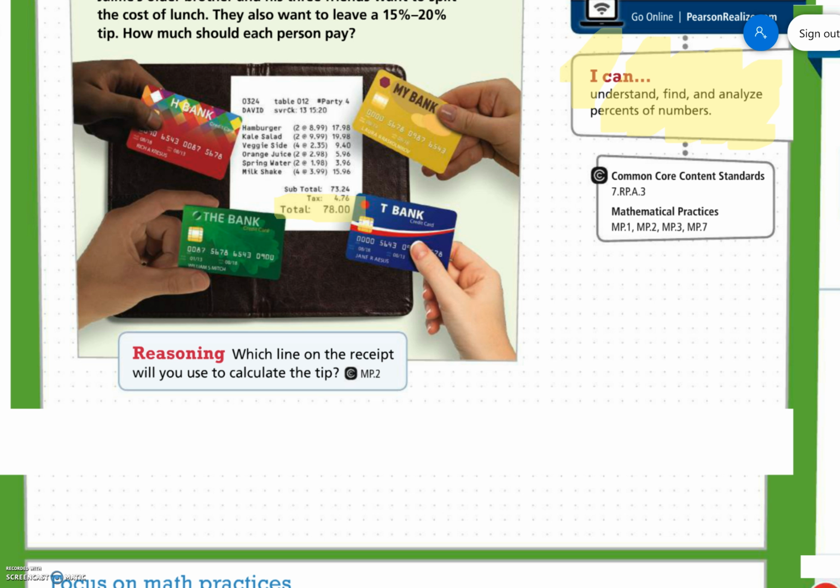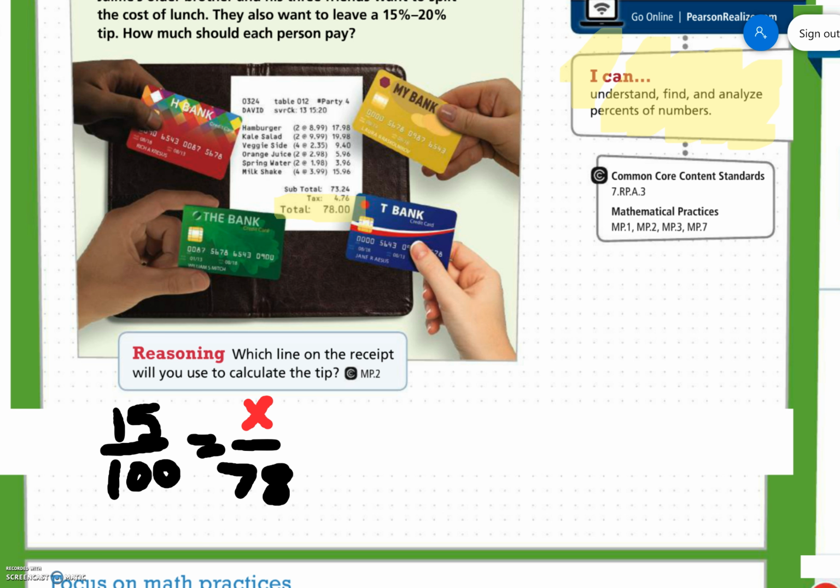Okay, so if we wanted to leave 15%, well, 15% is 15 over 100. And I want to know, what is that amount over the total amount that we have, 78. There's a few ways to do this. And now if you wanted to leave a 20% tip, you would put 20 instead of the 15, and so on and so forth.